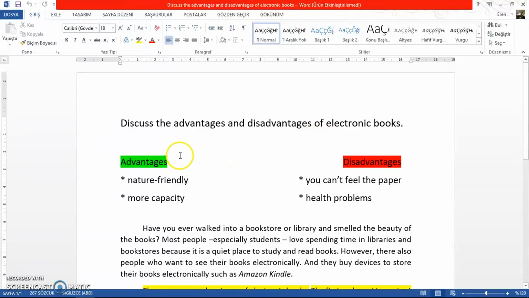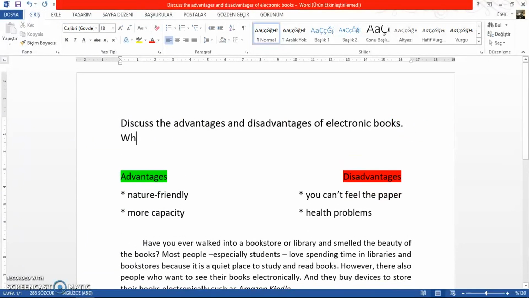So our topic was: discuss the advantages and disadvantages of electronic books. Sometimes the prompt can be given like this, or sometimes the prompt could be: what are the pros and cons of electronic books.